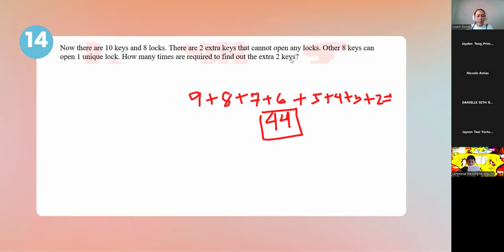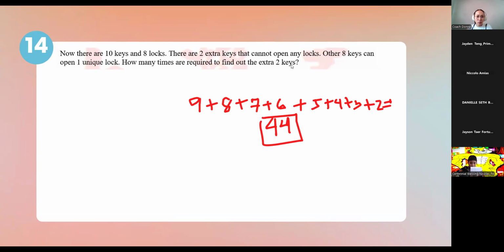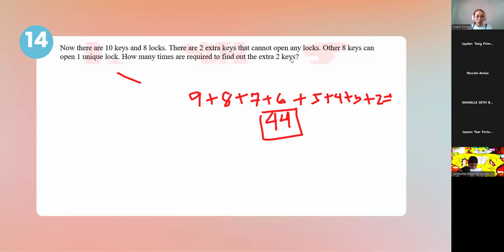All right, for a while, let me double check. Okay, let's set them aside for now.